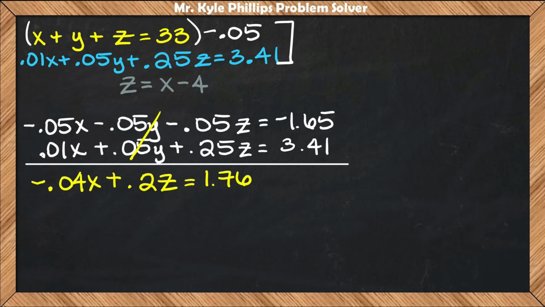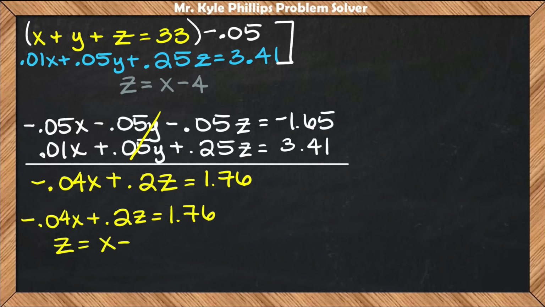Now, here I have an equation, x and a z, and I have this equation, x and a z. So if I wrote that out as a system, so here if I had negative 0.04x plus 0.2z equals 1.76, and then I coupled that with z equals x minus 4.